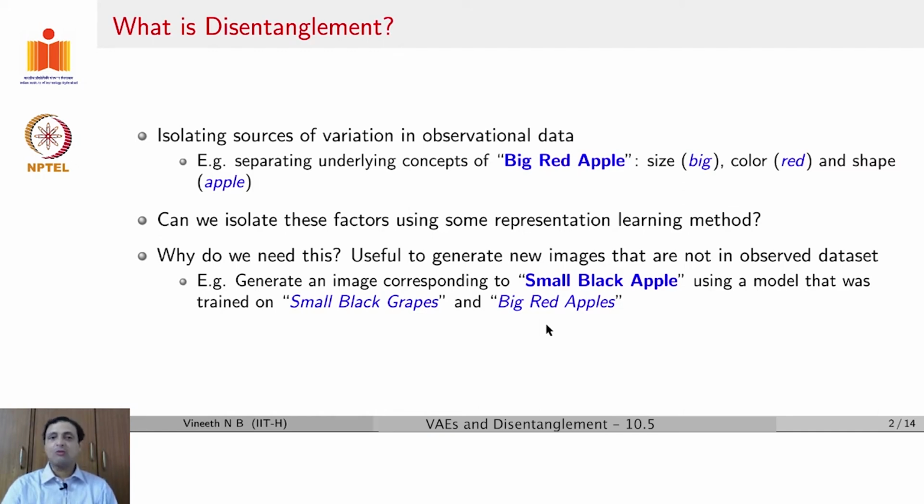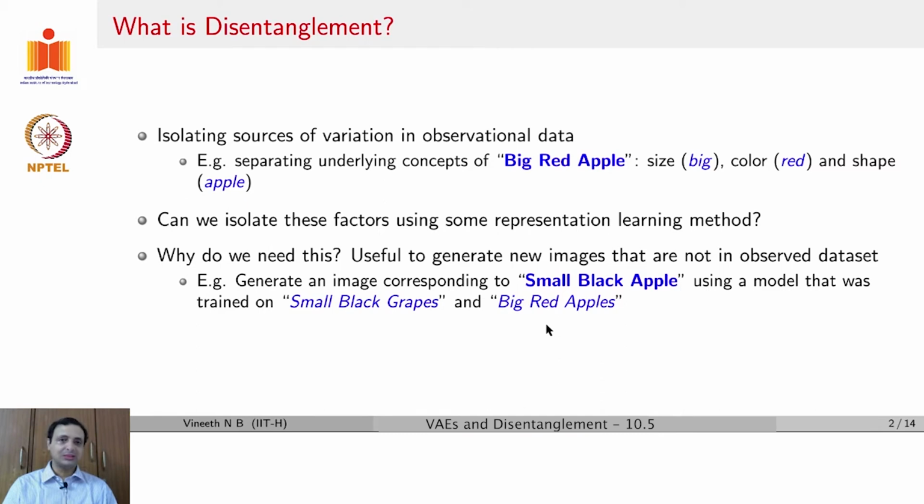Obviously, you may not find such an image in a real-world dataset, but using a deep generative model, can we hypothesize how this would look by setting the color to a particular value, setting the size to a particular value, and the object to a particular value?